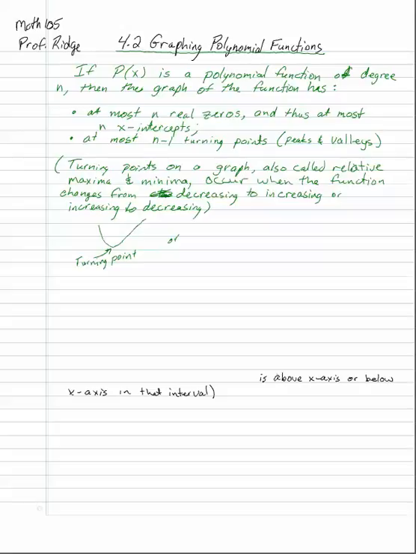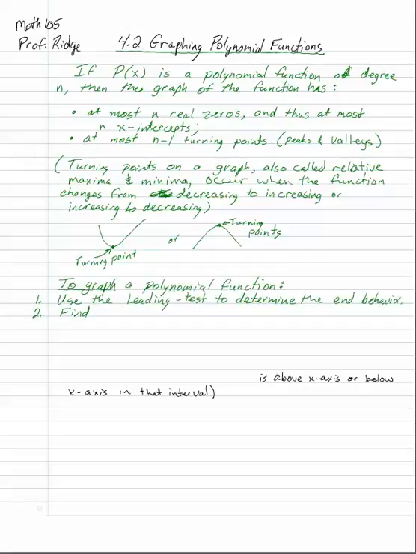Or you can go from increasing to decreasing. I call them peaks or valleys or humps, I like to say. So we've got relative maxima or minima. That's another term too. We'll define that one later on.